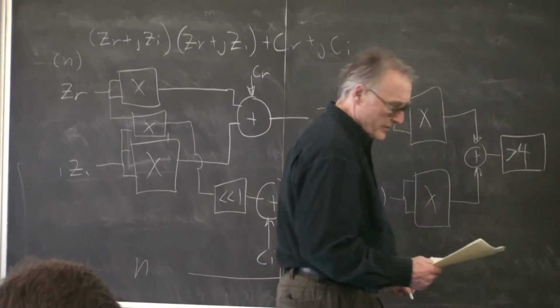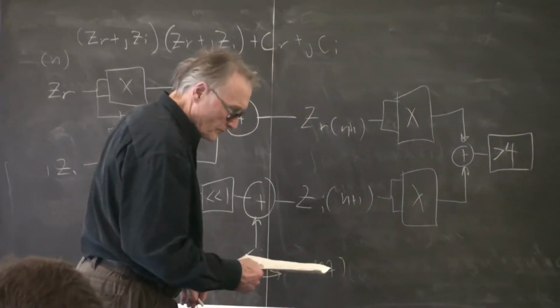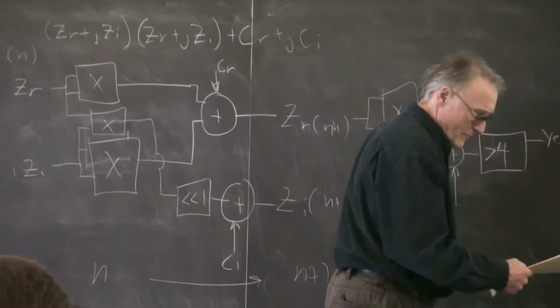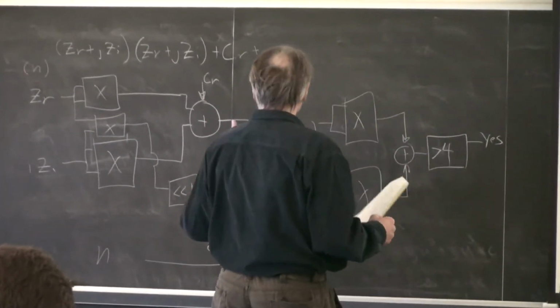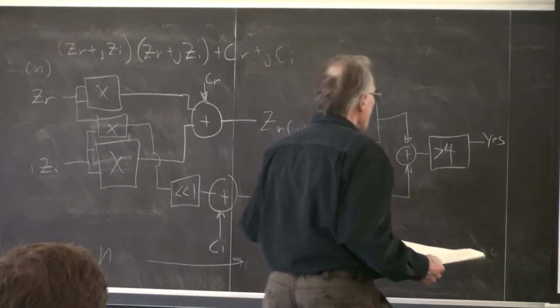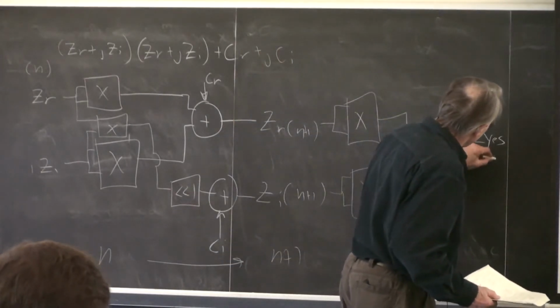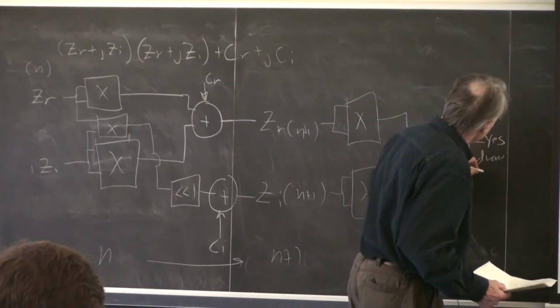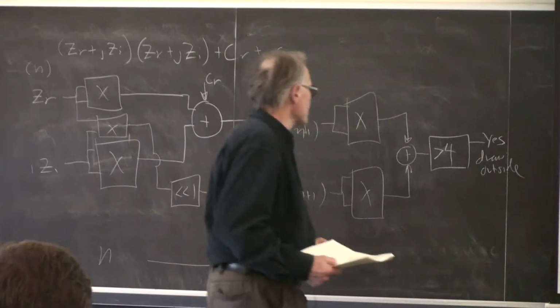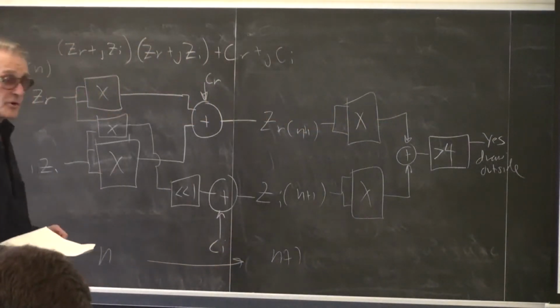Is the sum greater than 4? And if the answer is yes, we're going to draw some color corresponding to outside the Mandelbrot set because it diverged.